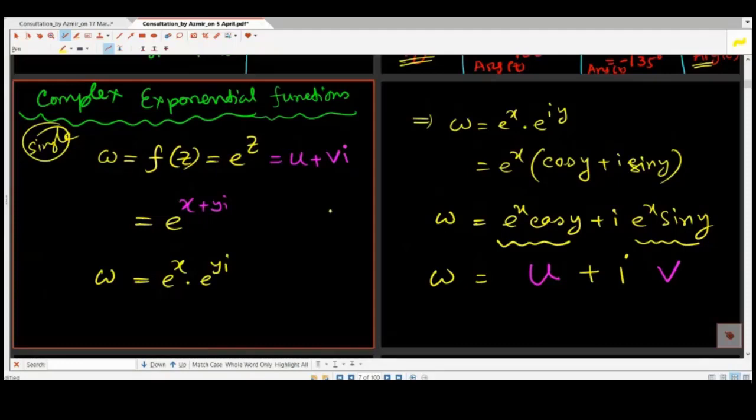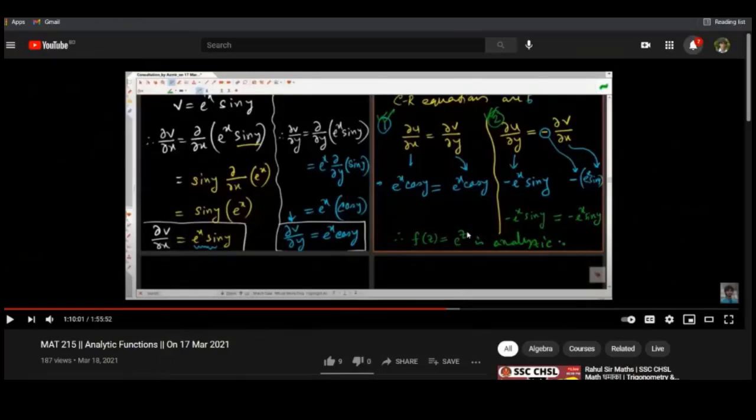And in my last session, I have shown that f of z equals e to the z is analytic. That means we have shown Cauchy-Riemann equations are satisfied for this equation.